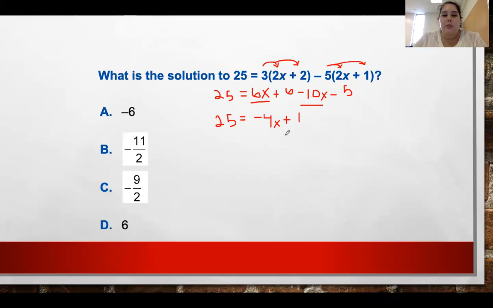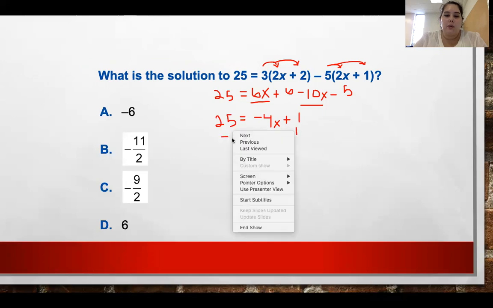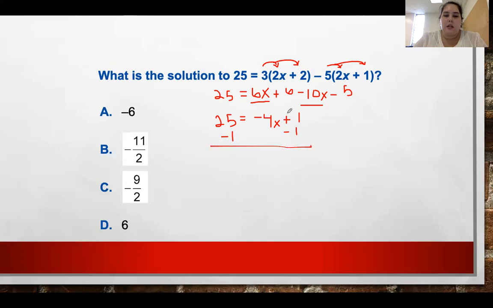And then by inverse operations, we're going to subtract 1 from both sides. These ones cancel out, and we're left with positive 24 equals negative 4x. My inverse operation now is to divide by negative 4.